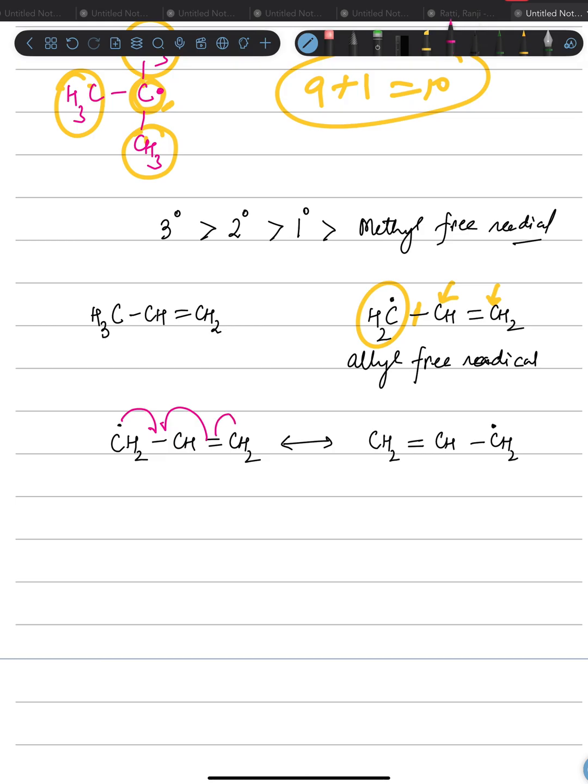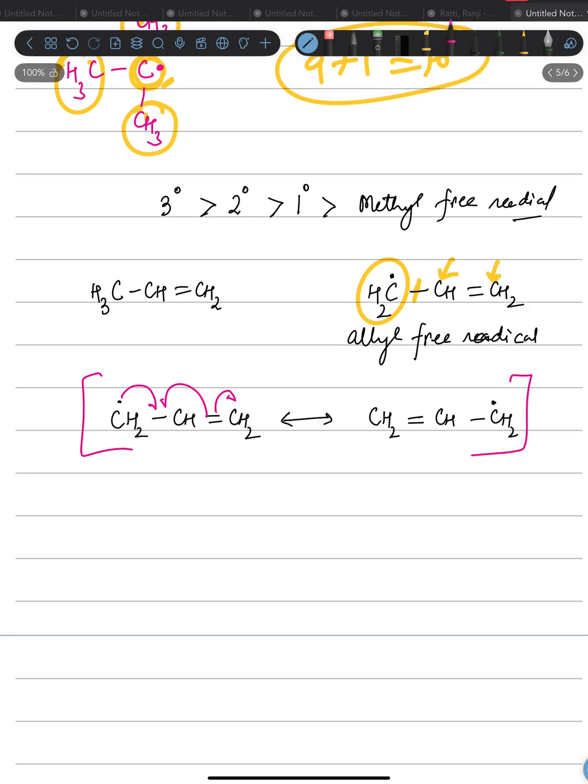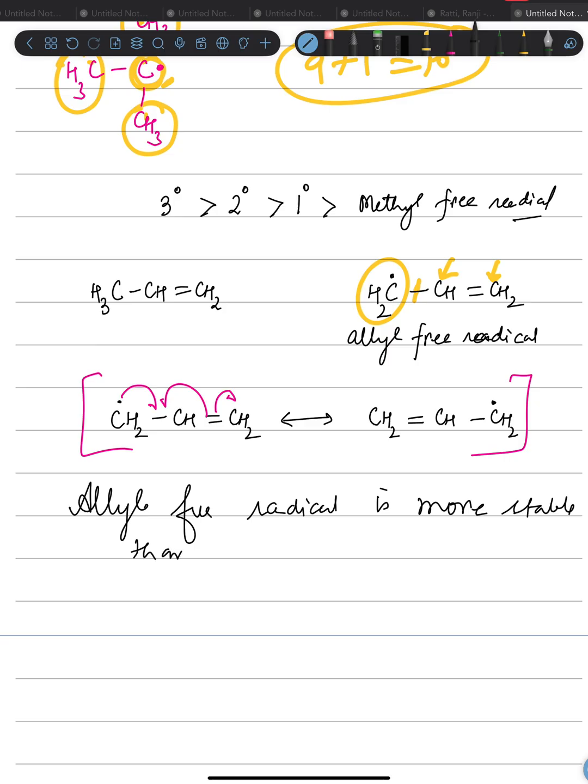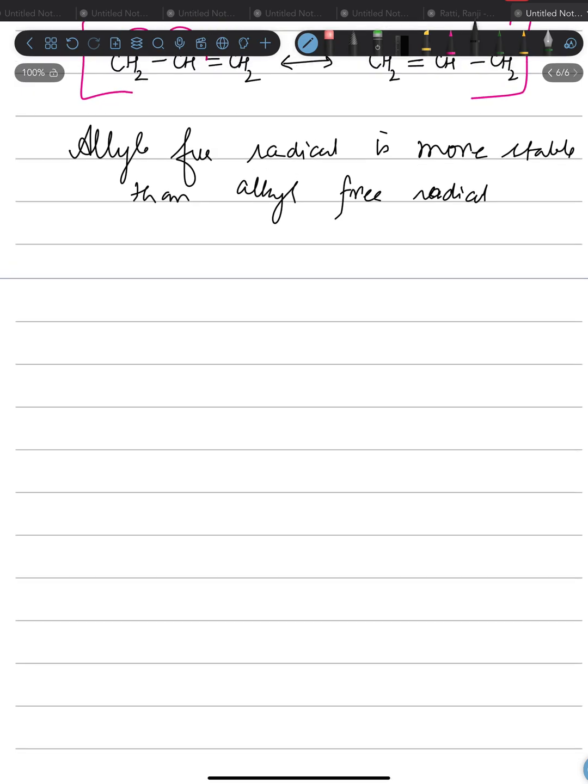So this is allyl free radical, and whenever a species shows stability because of resonance, then its stability is more as compared to any other effect, inductive effect or something. So allyl free radical is more stable than alkyl free radicals, because here the actual dispersal takes place because of the resonance.